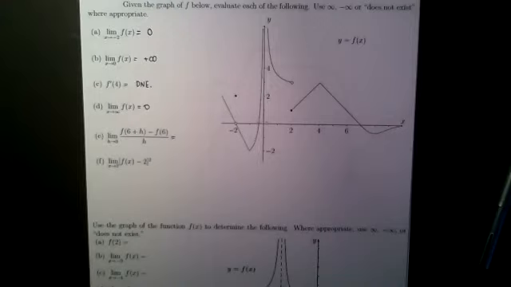Gabriela? I can't turn on my mic, but my answer is it does not exist. Okay, so I think it's wrong. Does anybody have an answer? Giuliano? Is it positive infinity? I don't think so.